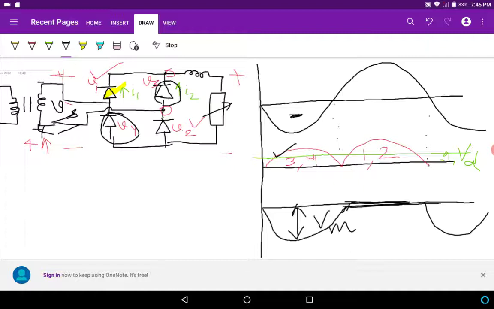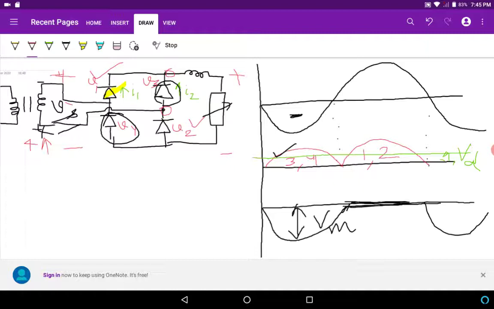If you remember, in the last case when we saw the center tap kind of rectifier, the peak inverse voltage in one case was 2 Vm, but in this case it is Vm only. Now once again we come back to the question: what is the pulse number of this rectifier? Please recall, we are doing this for every kind of converter. Pulse number is the number of pulses in the DC output voltage per cycle of AC voltage.